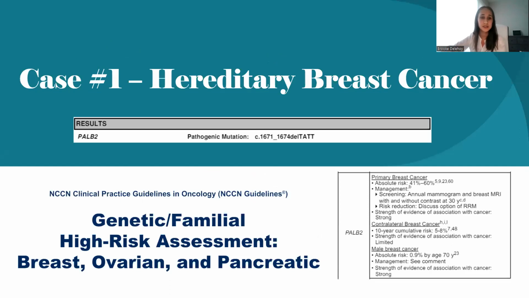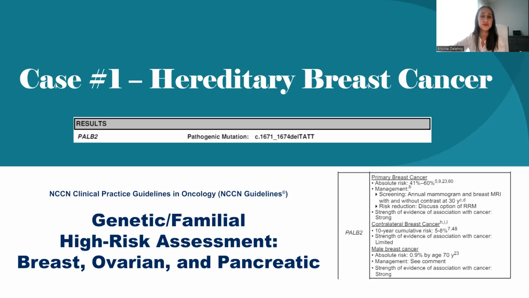Her results are listed in that white and gray rectangle in the middle of the page. And you'll see the gene on the left that she actually has a positive result in, or a mutation. And some of you may be thinking, hey, that gene looks a little familiar. Well, that's because it was on one of the preceding slides.